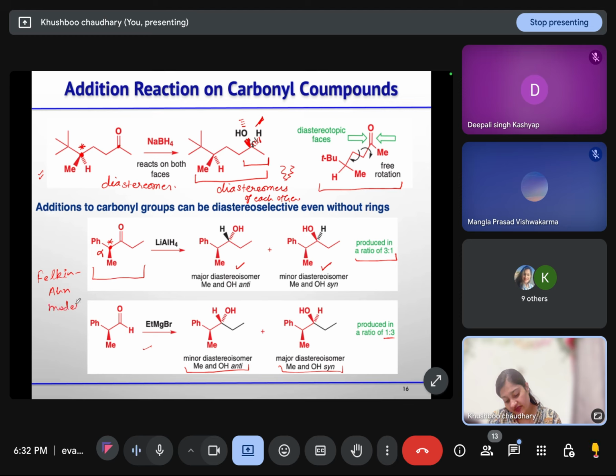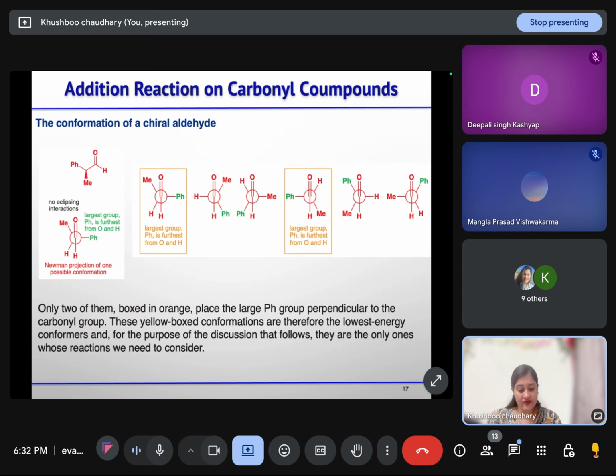And we apply this model if we have a chiral center at the alpha carbon with respect to the carbonyl. So what are the different conformations we can draw for these kinds of carbonyl compounds? Firstly, draw a circle for making the Newman projection. Then draw your carbonyl and hydrogen.